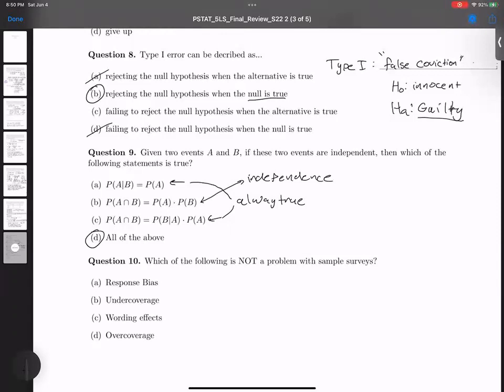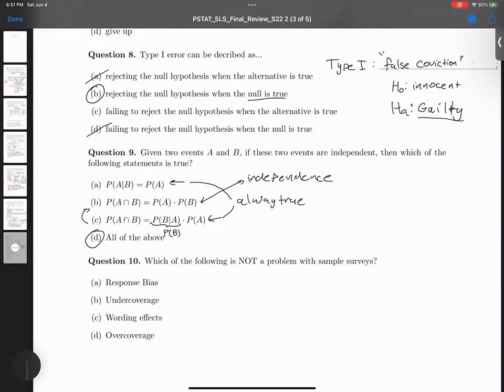Because of independence, if A and B are independent, for example, in part C here, the probability of B given A, well, it doesn't matter that I know what A is. They're independent, so it's just equal to the probability of B. So we have the probability of B times the probability of A. That gives us the expression in C by independence.